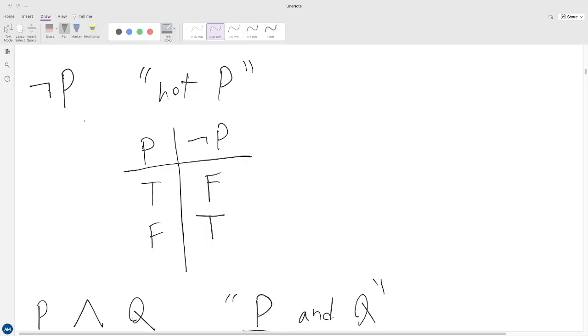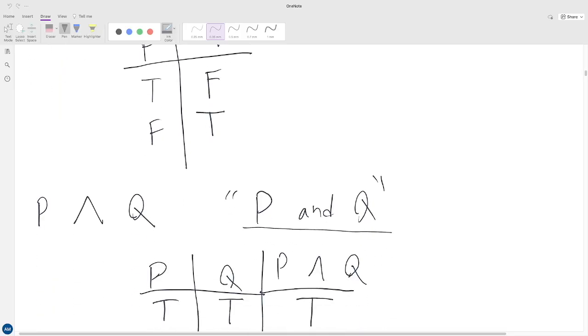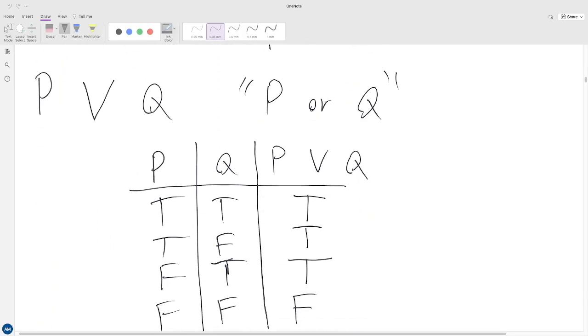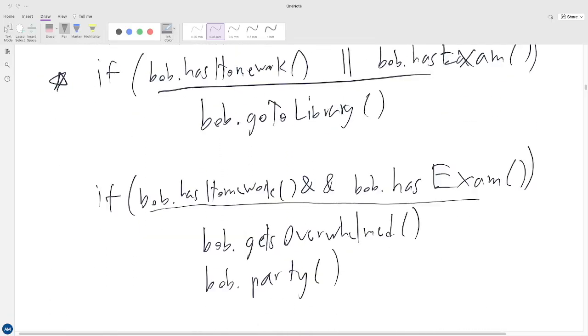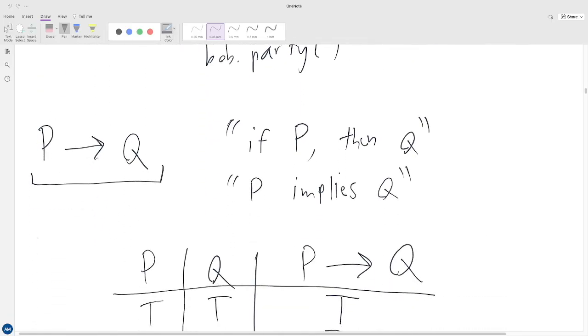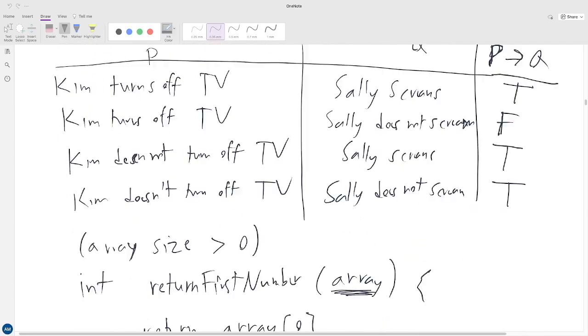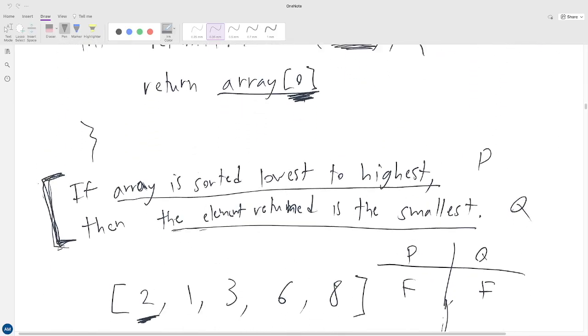So we covered not P, P and Q, P or Q, and the conditional P implies Q, or if P then Q. So today I want to pick up where we left off and first talk about the biconditional statement.